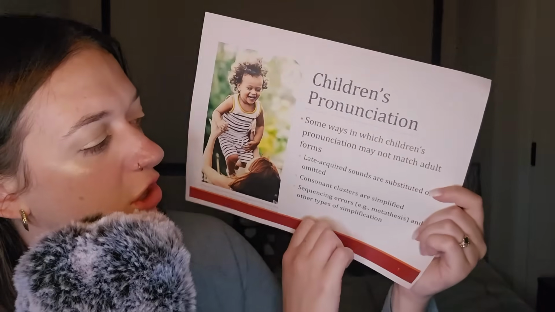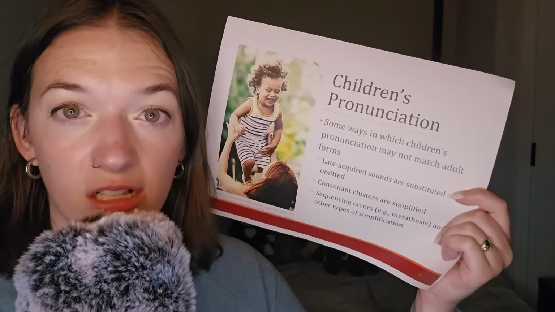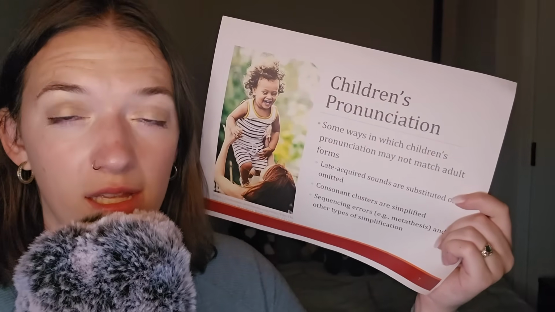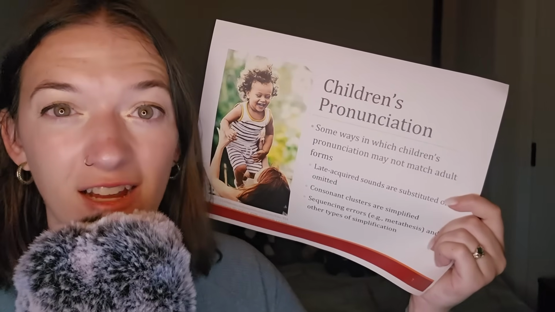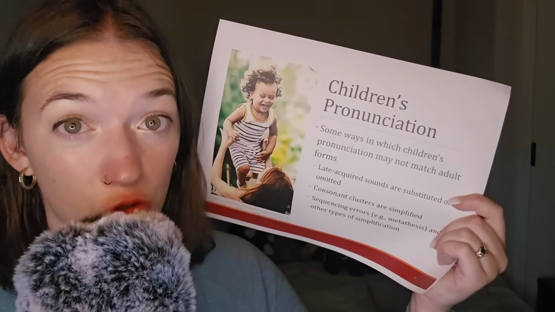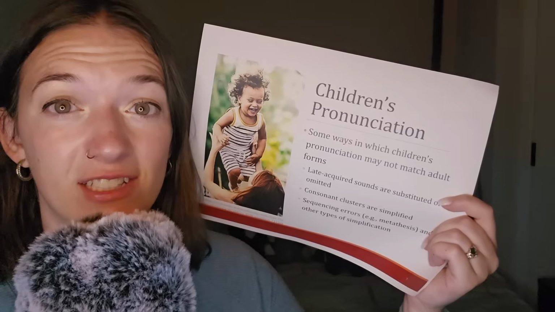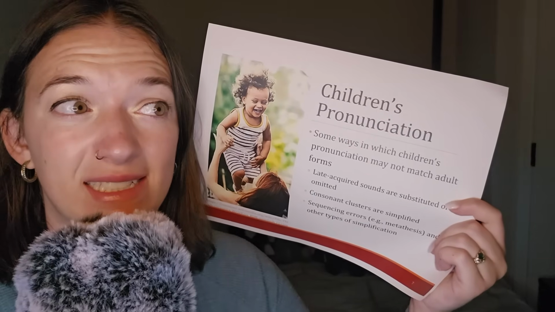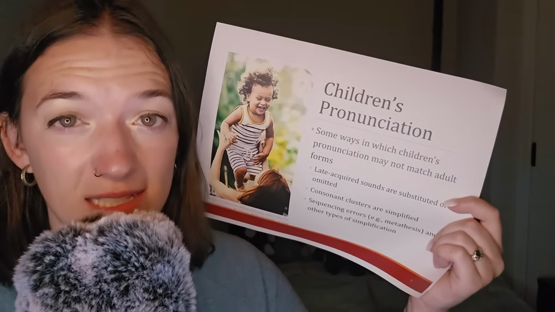Consonant clusters are simplified. So for example, the consonant cluster in strength. There's a lot of consonants in that word. A child likely will not be able to pronounce stra, or inth, and so they might say sainth or stainth, something like that.